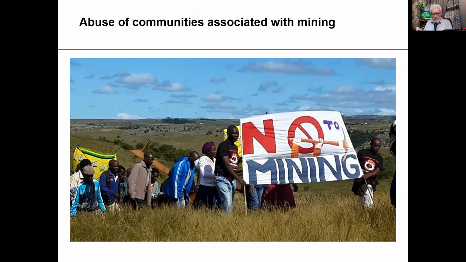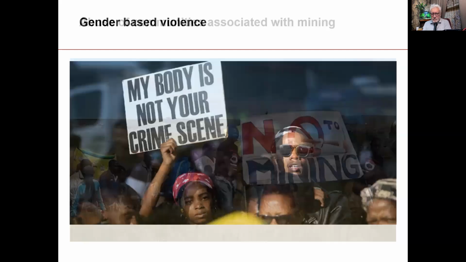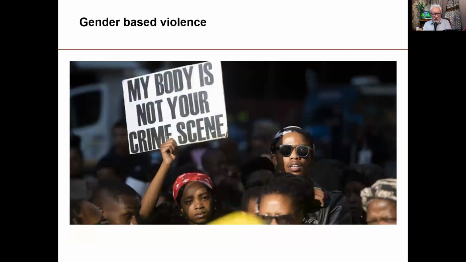And that threatens not only communities, but also wildlife preservation in terms of ecological balance. Doesn't stop there. An unpleasant one in the country is gender-based violence.